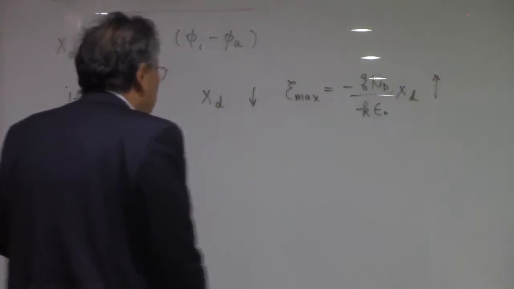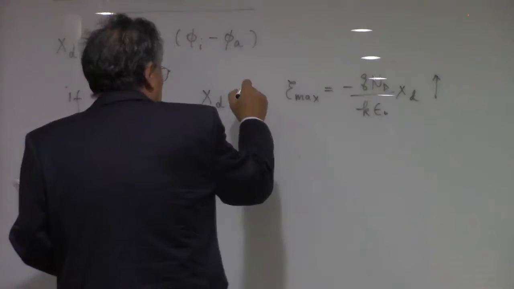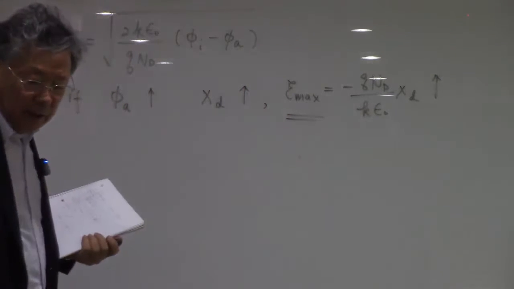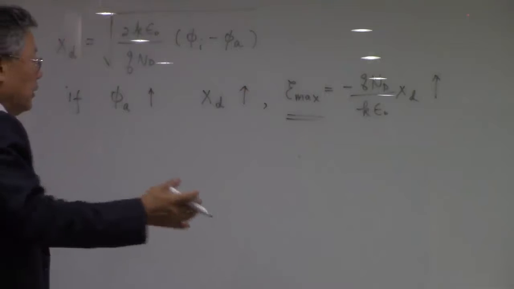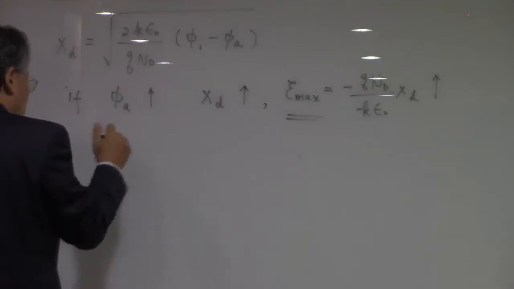Okay, I should express it in this fashion so that the electric field inside the metal semiconductor junction is going to increase accordingly with the applied voltages.